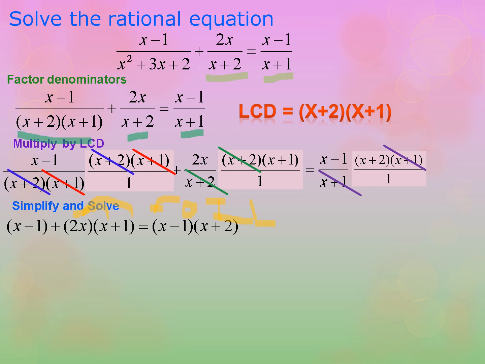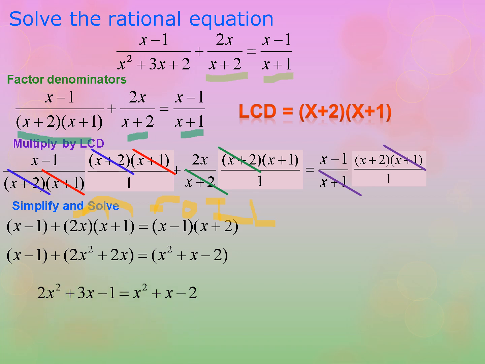And when we FOIL the right side, we get x squared plus x minus 2. Now I still have some combining like terms to do with the x minus 1 and the 2x squared plus 2x. So that gets me 2x squared plus 3x minus 1 equals x squared plus x minus 2.